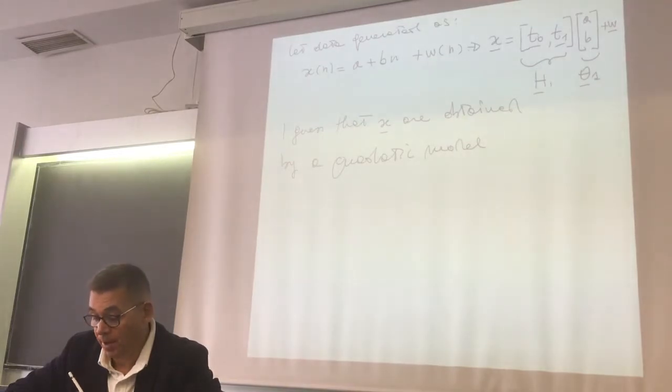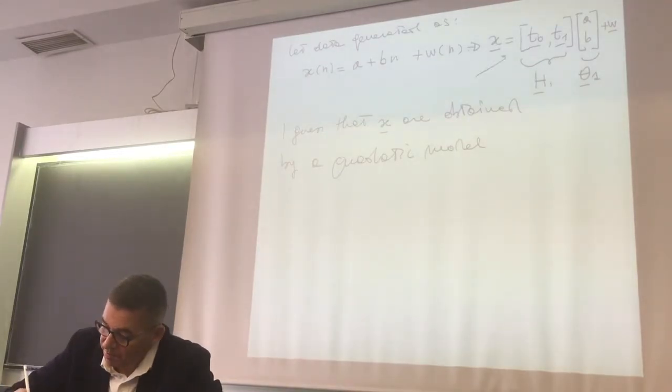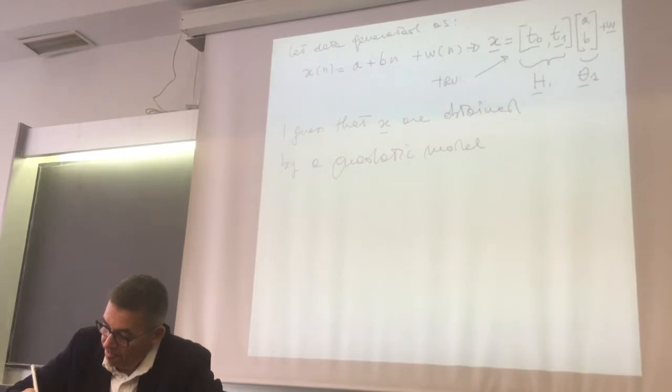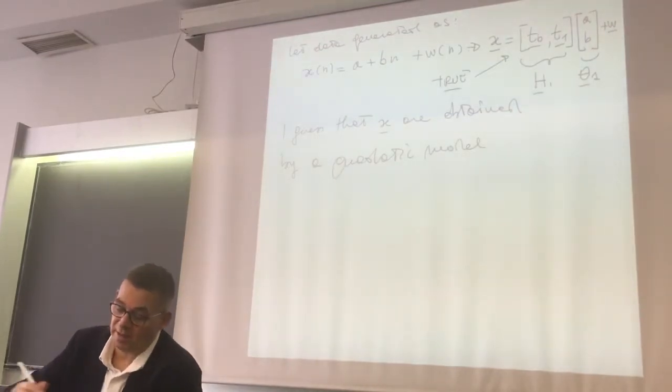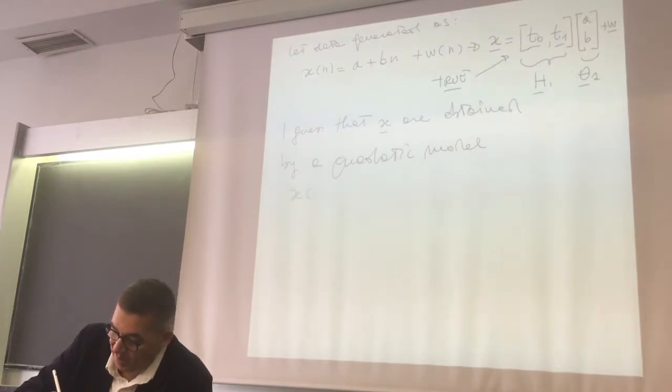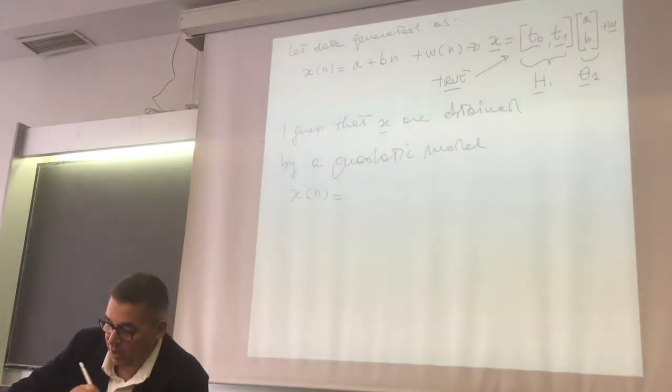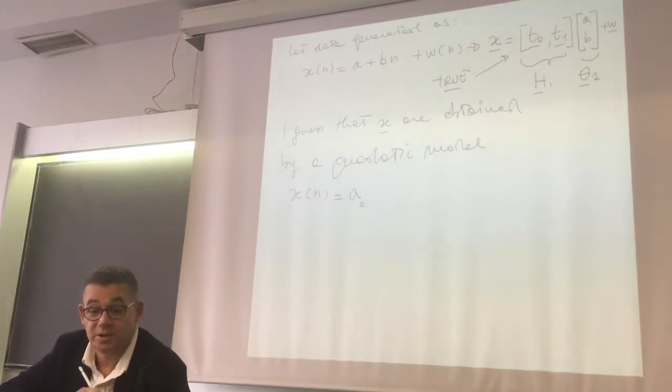Remember, this is the true one. What does it mean? It means that for me, x[n] is equal to a of the quadratic model, which is different from the true a.